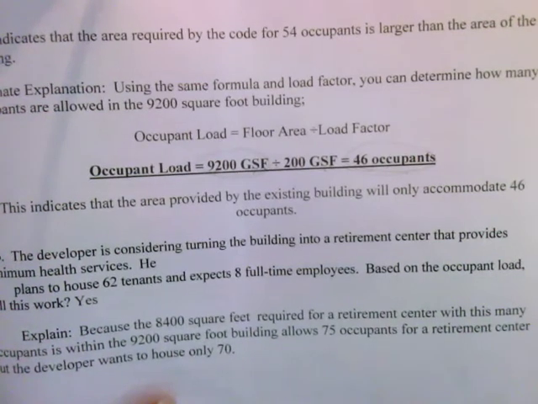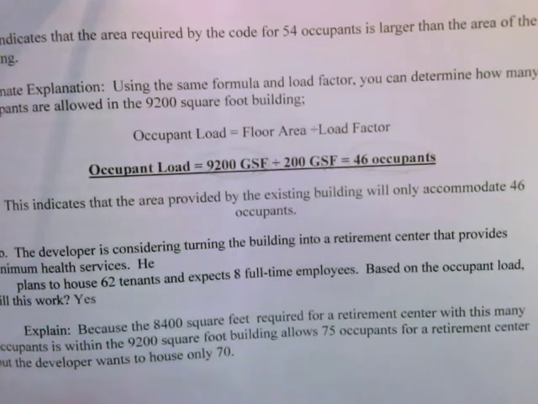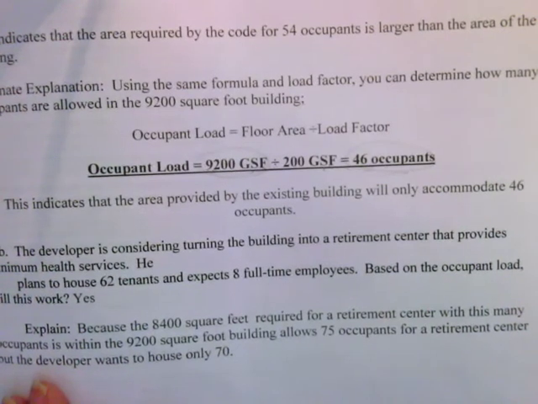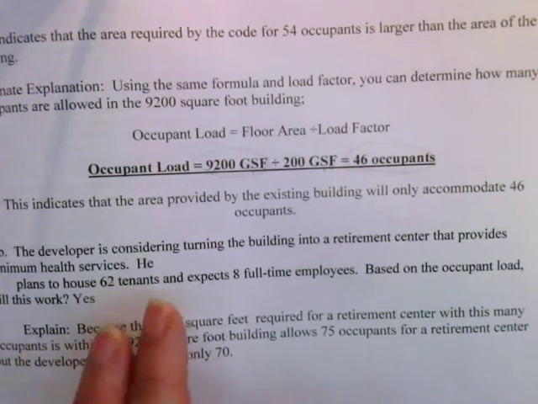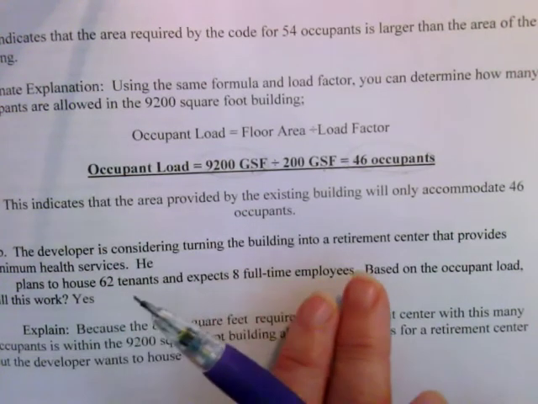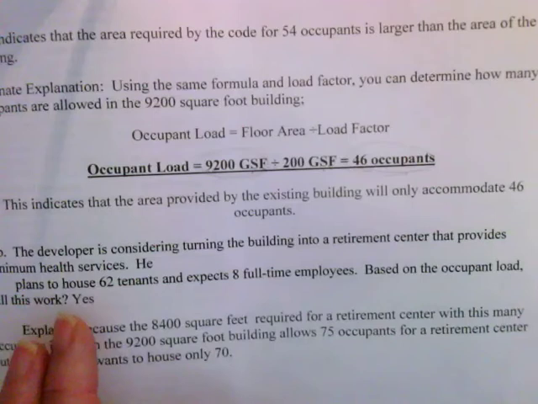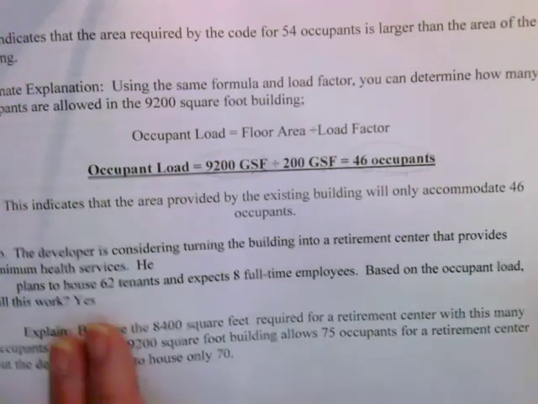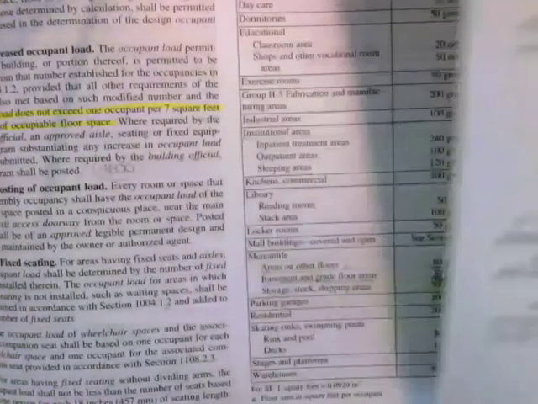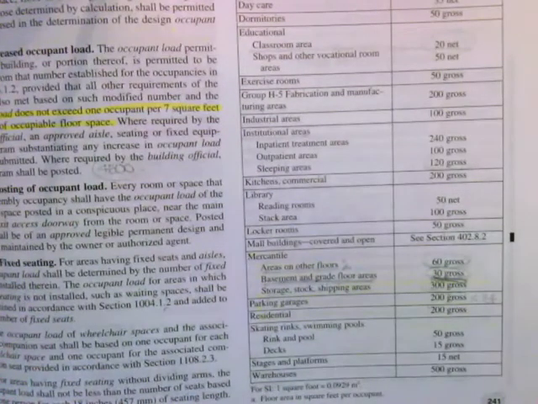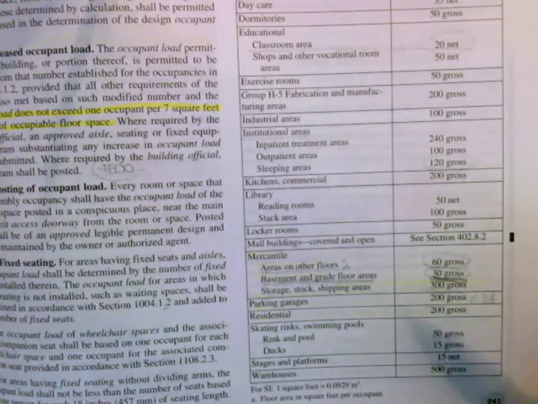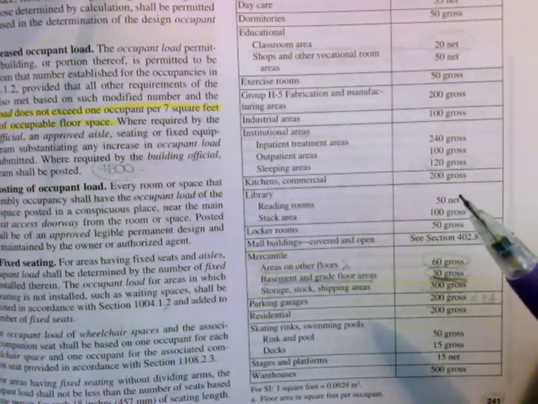Okay, next, the developers considered turning the building to a retirement center that provides minimum health services. He plans to house 62 tenants and expects 8 full-time employees. Based on the occupant load, will this work? Yes. Okay? Because 8,400 square feet for a retirement center with many occupants is within the 9,200 square feet and allows 75 occupants, and the developer only wants 70.